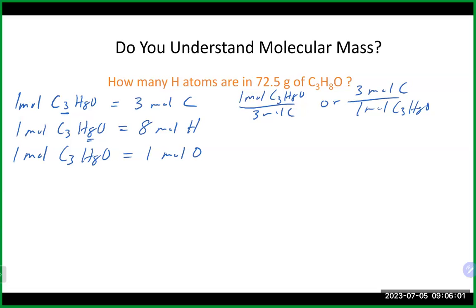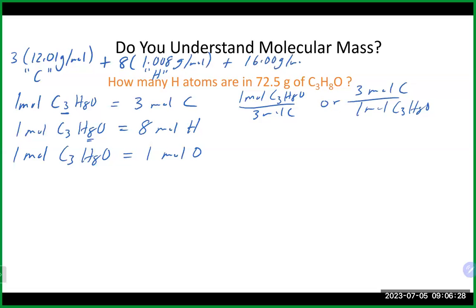So to get the molar mass of our C3H8O, there are 3 carbons, each from the periodic table of 12.01 grams per mole. That's basically our carbon. We will add it to 8 times 1.008 grams per mole, which is our hydrogens. And we will add it to, basically, there's only 1 oxygen, so 16 grams per mole from the periodic table, and that is our oxygen.